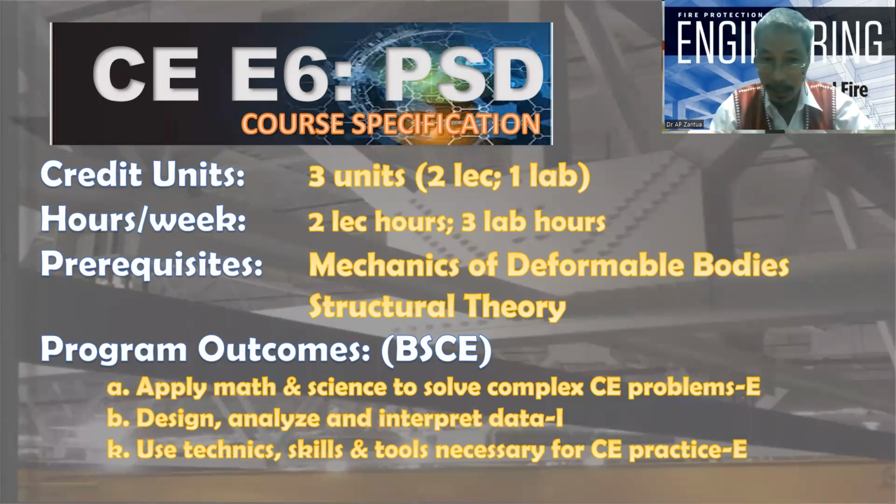And you have to apply your knowledge in math and science as an enabling course. Math and science will enable you to apply those learned principles into this new course, which is a professional one.